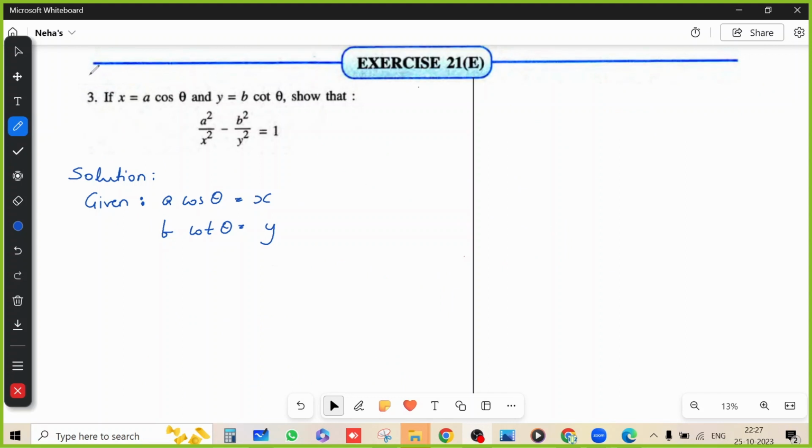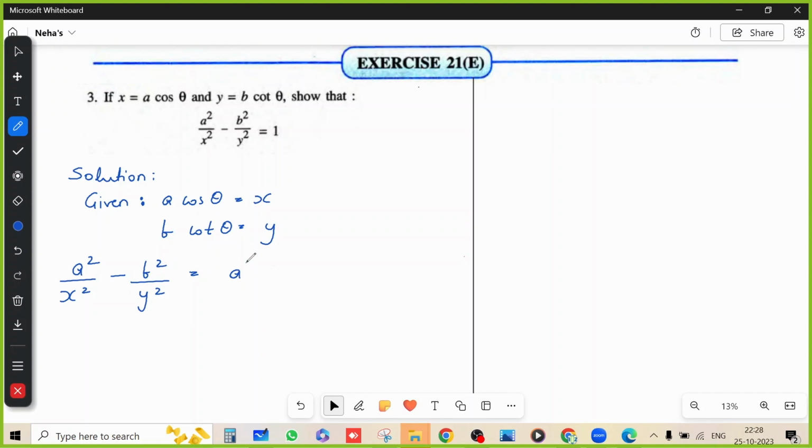The question number 3 is, if x is equal to a cos theta and y is equal to b cot theta, then show that a square divided by x square minus b square divided by y square is equal to 1. So here we will start with the left hand side that is given, that is equal to a square by x square minus b square by y square, and we will put the value of x and y from the given statements.